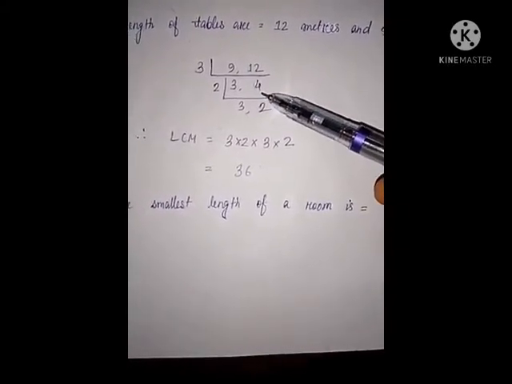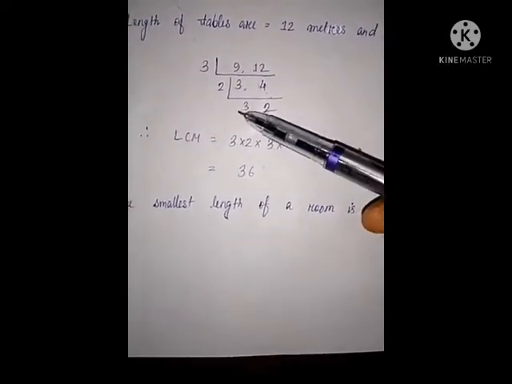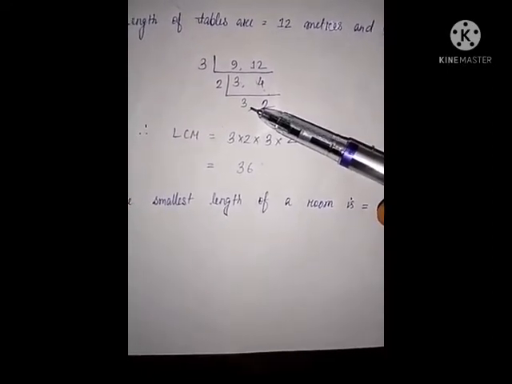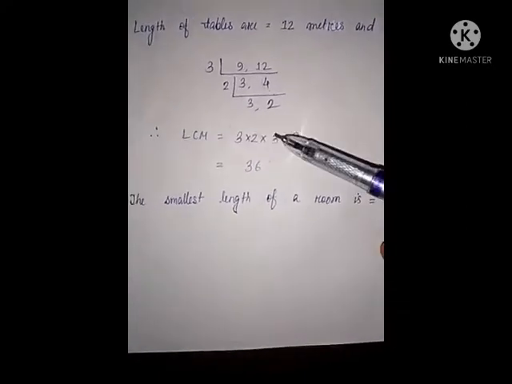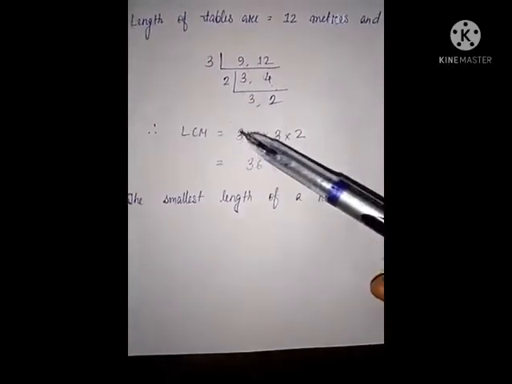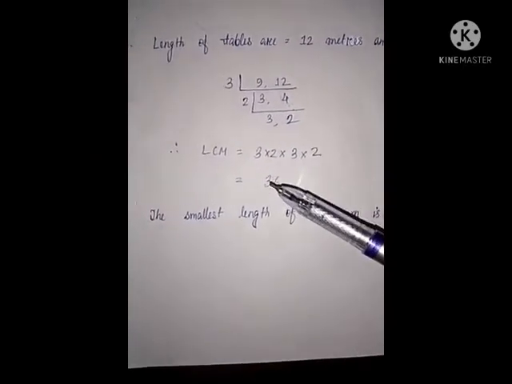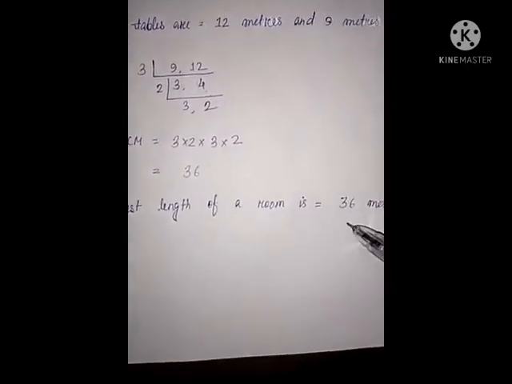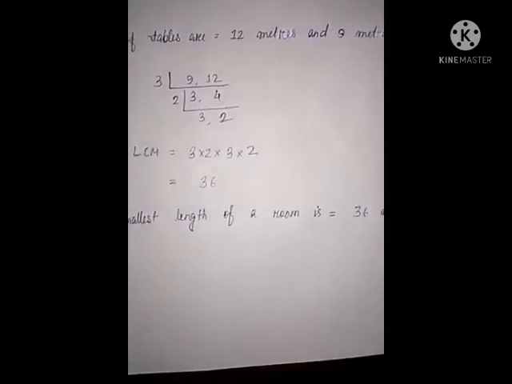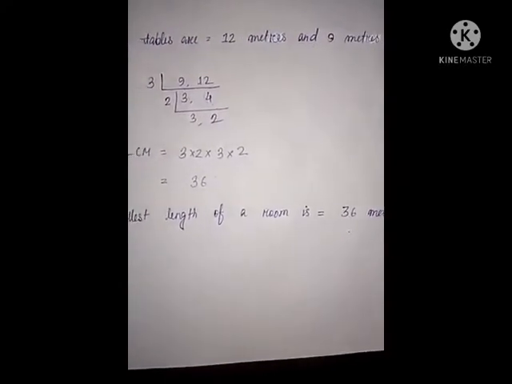Therefore 4 is divisible by 2, so I have used 2 here. 2 2s are 4, 3 remains the same because 3 is a prime number. Now see, therefore LCM is equal to 3 into 2 into 3 into 2, 36. So the smallest length of a room is 36 meters, which can fit the tables of length 12 meters and 9 meters. Understand?